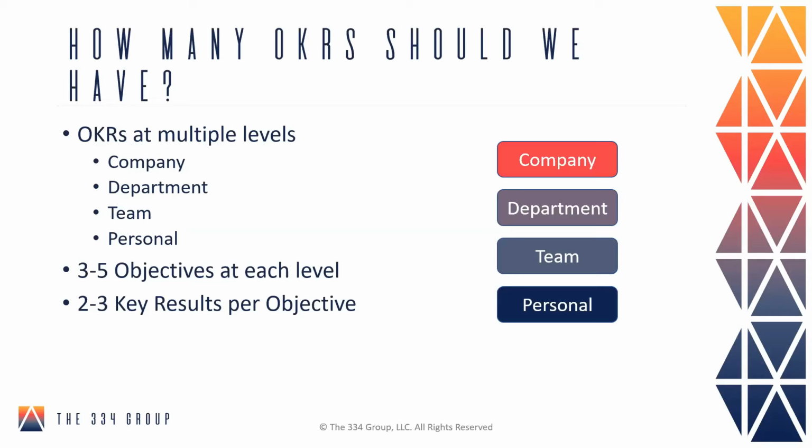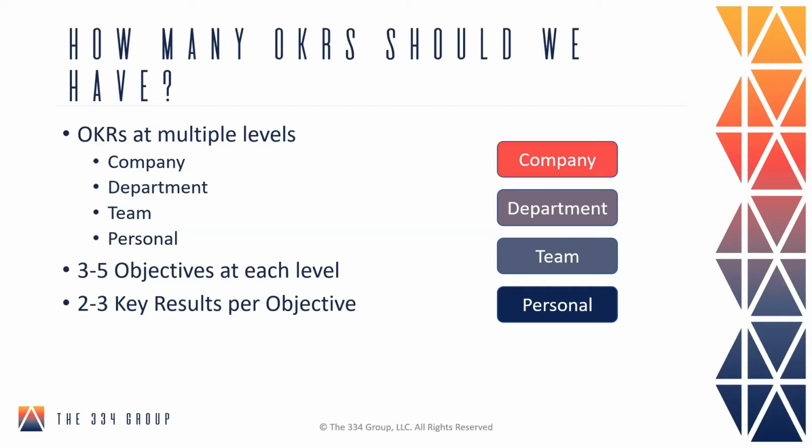However broadly you decide to deploy OKRs, you should limit the number of them at each level to maintain focus. At each level, we recommend that you limit yourself to 3 to 5 objectives. At the enterprise level, within each department, within each team, and so on. That limit forces us to focus on the things that are really important and to pay less attention to things that might be more of a distraction than a real priority.